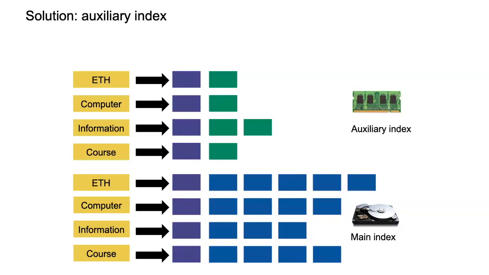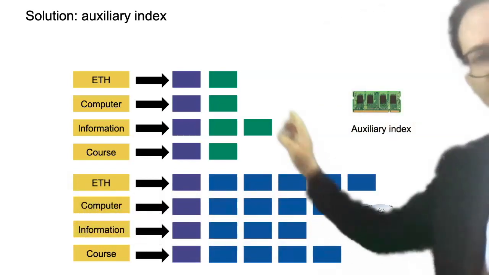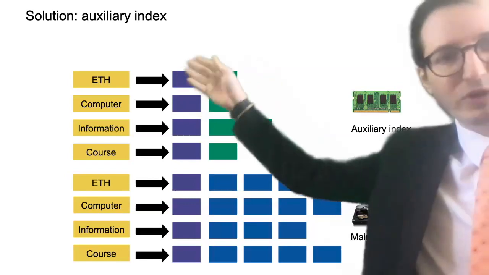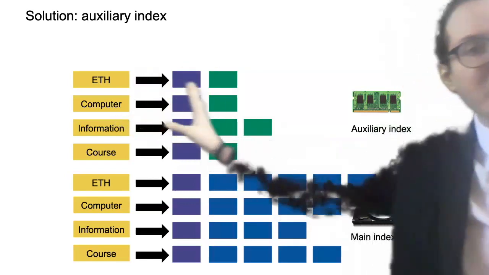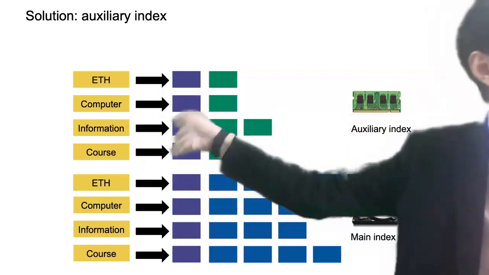Solution number 2 is to have a second index that contains the most recent changes. It means that we have the main standard inverted index that took us 2 days to build, here on the machines in your cluster. When new documents get added, we just handle them on the fly in some auxiliary index, which could even be in memory. That is much smaller, and we just maintain it.